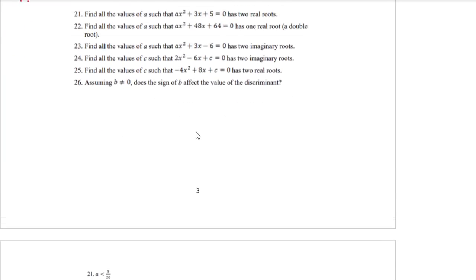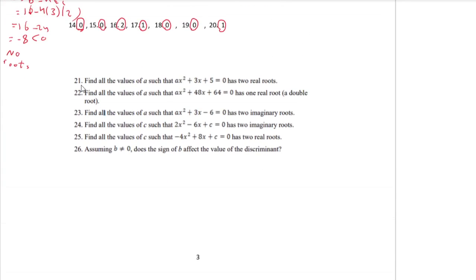In number 21, find all the values of a such that ax squared plus 3x plus 5 equals 0 has two real roots. We solved a lot of exercises like this before, but I'll explain number 21 here.